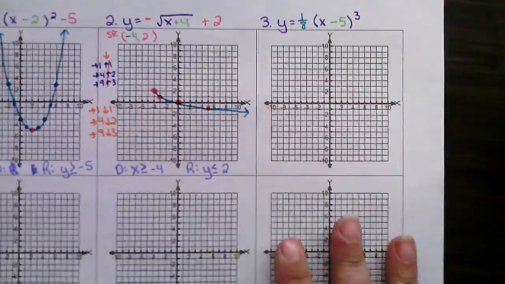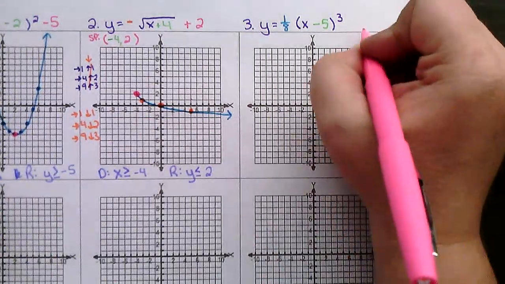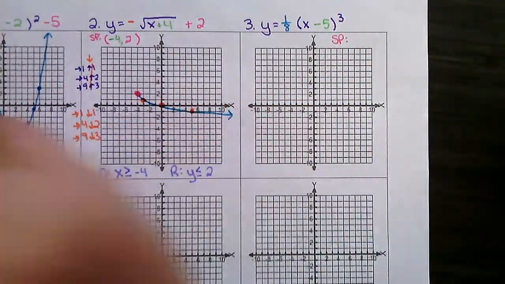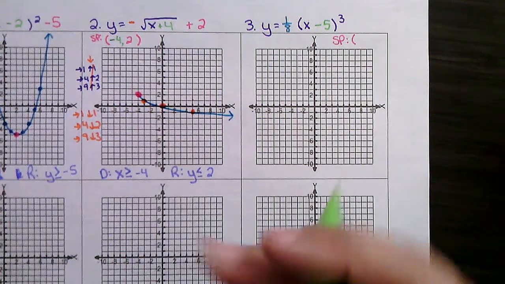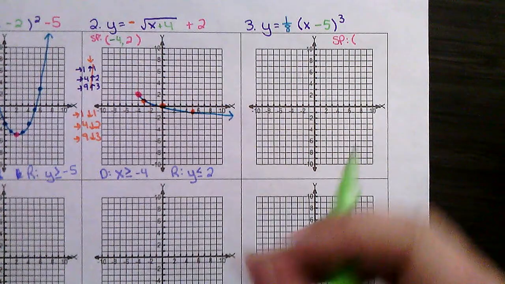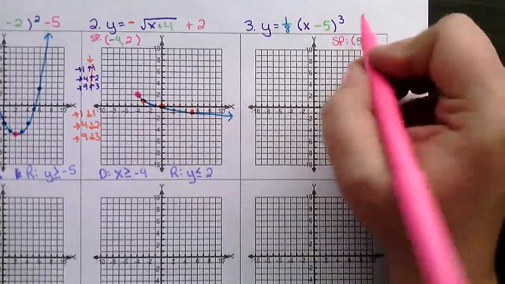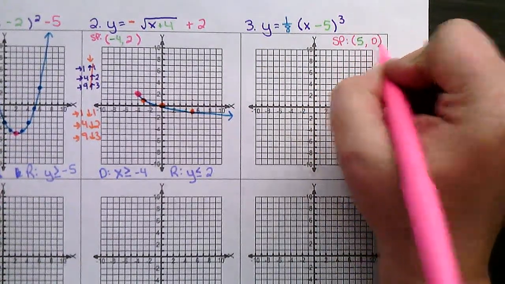Our next one is a cubic. We need to talk about its start point. Its start point is opposite of what is on the inside. So inside says -5, the opposite of that is +5. And then comma, whatever's after. Well, there's nothing after, so when there's nothing there, it's 0.